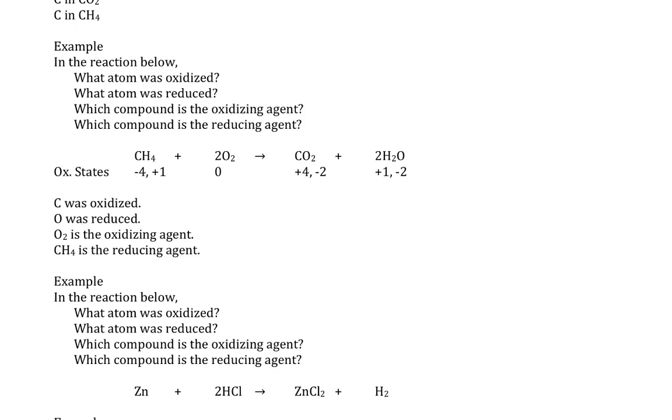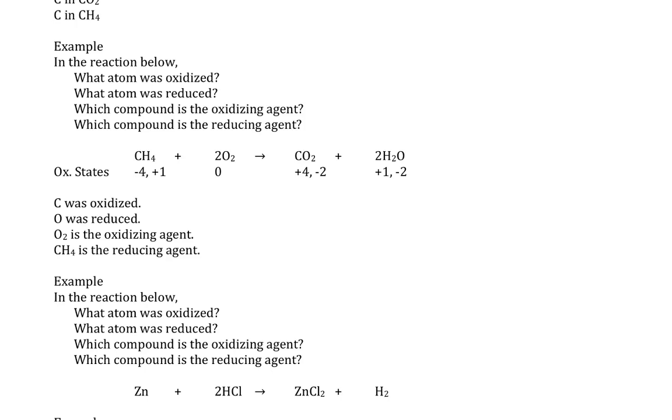In water, each H is +1, the O is -2. Now we look at how the numbers have changed. Carbon went from -4 to +4, so it went up the number line. It's been oxidized, so we would say carbon was oxidized.